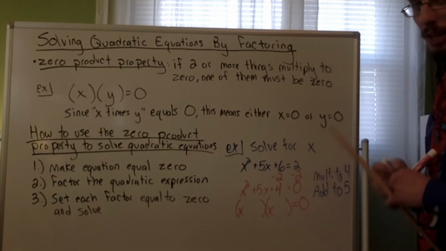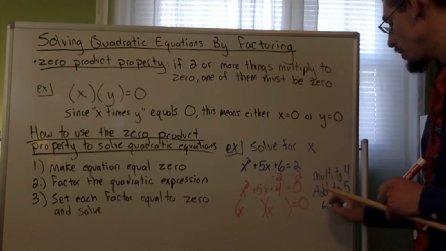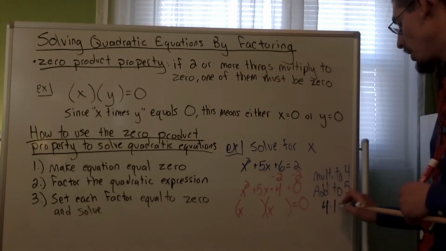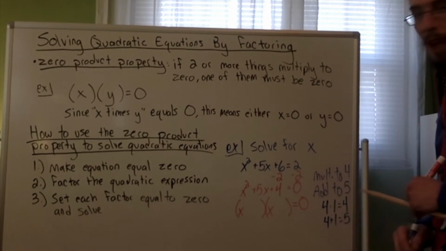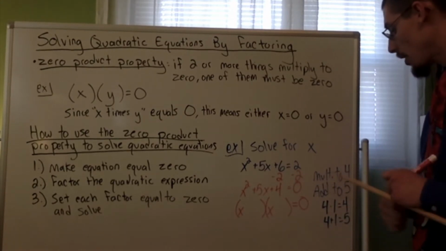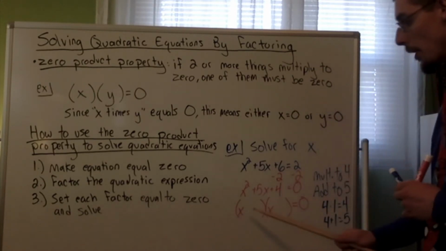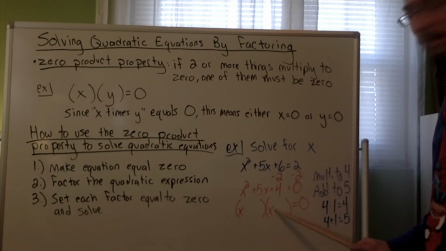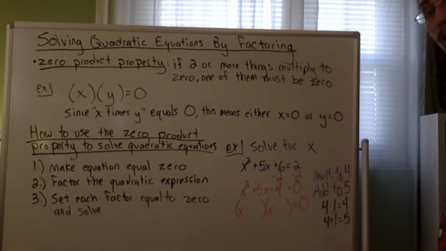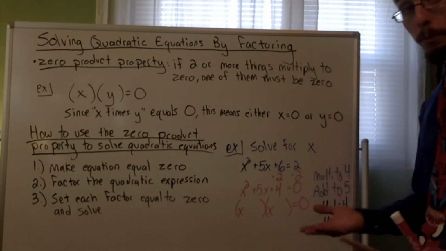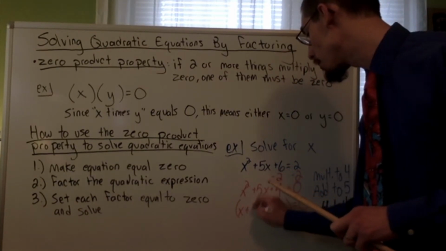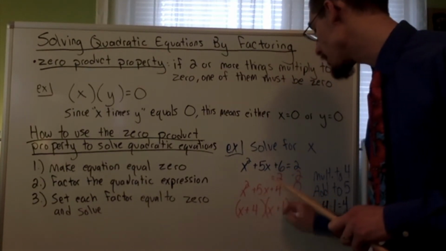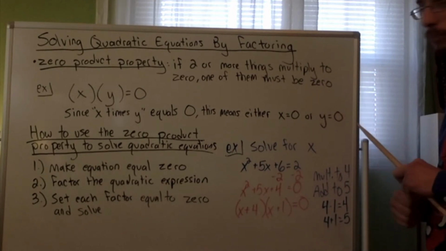The only 2 numbers I can think of that do that would be 4 times 1, because 4 times 1 equals 4, and 4 plus 1 equals 5. So the numbers that belong in the parentheses are 4 and 1. Positive 4, positive 1. So I get x plus 4 and x plus 1.